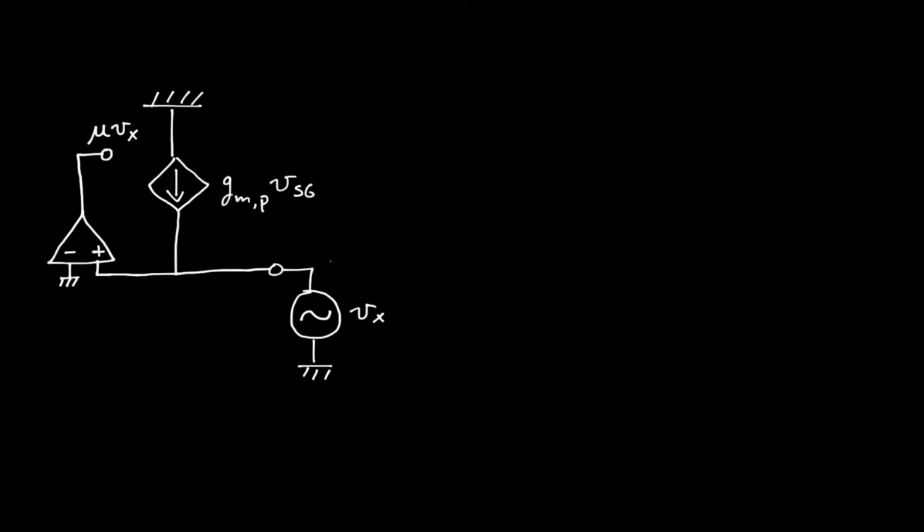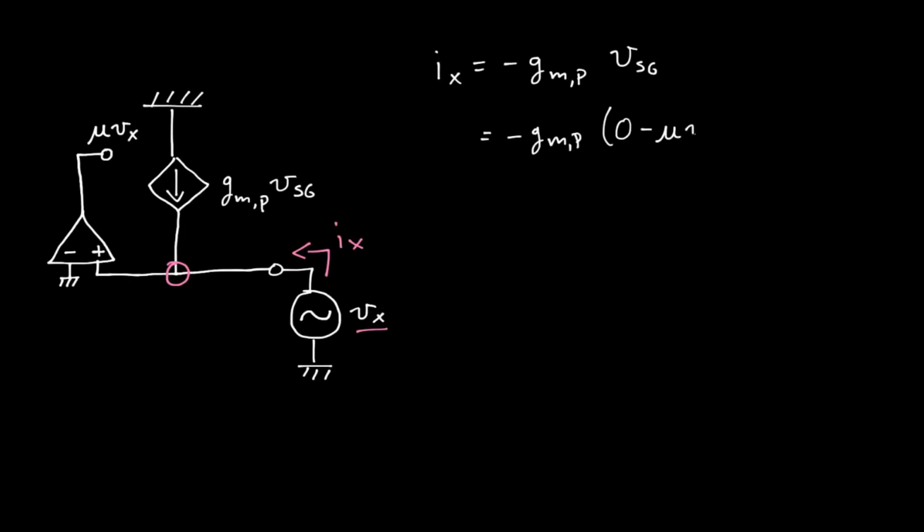To compute the output resistance, we should be able to compute the input current as a result of this test voltage, and that input current would be Ix. If we perform simple nodal analysis at this node, that would give us that Ix is equal to minus GMP times VSG. And since the source voltage of this PMOS transistor is ground, that'll mean that we will have GMP times 0 minus mu Vx, because the input voltage here is amplified by a factor of mu by this amplifier.